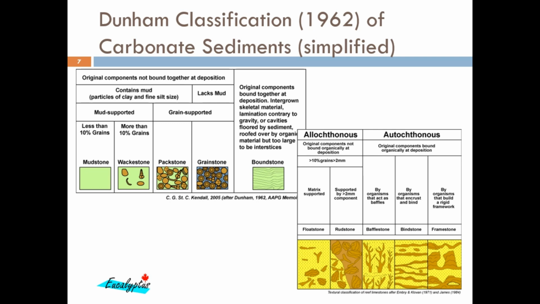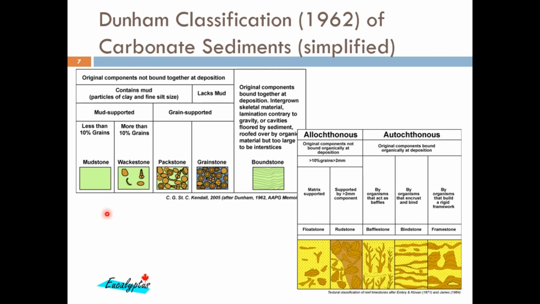And then you have here an augmented classification where the particles involved, the grains involved, are typically greater than 2 millimeters. At least 10% of the grains is over 2 millimeters.